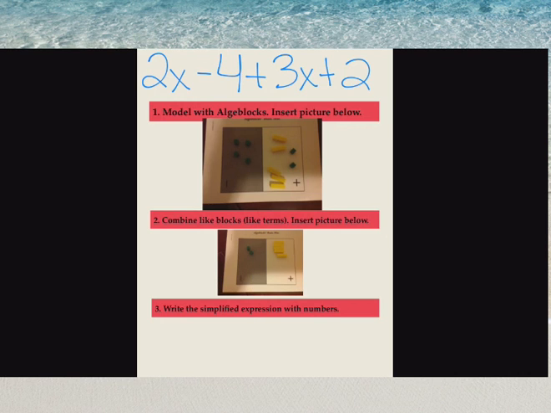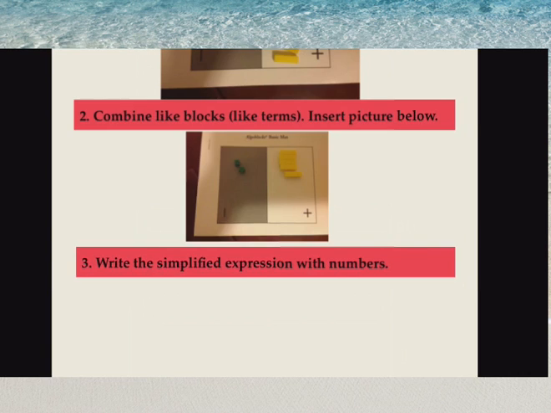Alright, last thing we need to do, write the simplified expression with numbers. Okay, so for our x's, we've got a total of 1, 2, 3, 4, 5 positive x's shown here. So we're going to write 5x minus 2, because that 2's on the negative side. Oop.